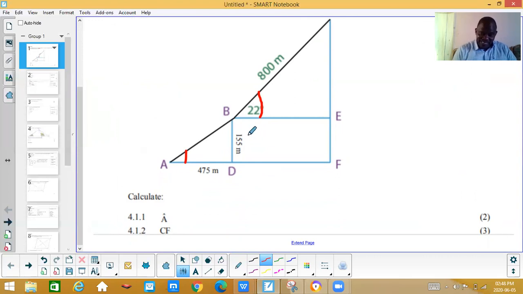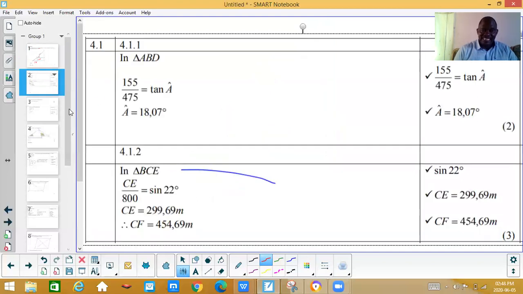According to this angle, this one is the adjacent and this one is the opposite. From the trig ratios that we know, the one that has opposite and adjacent is tangent. So in this case, you are going to use tangent.